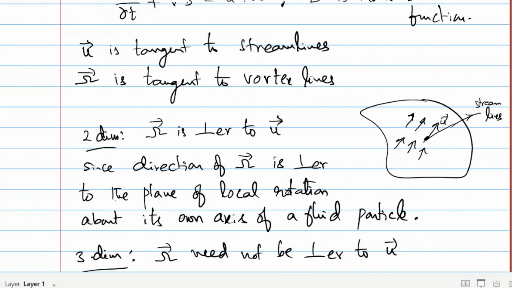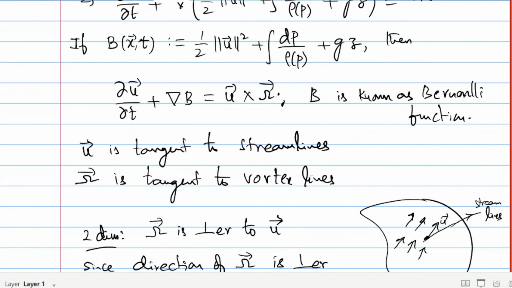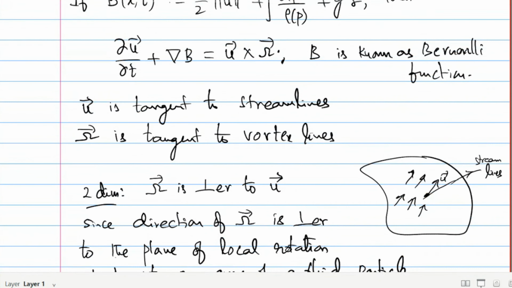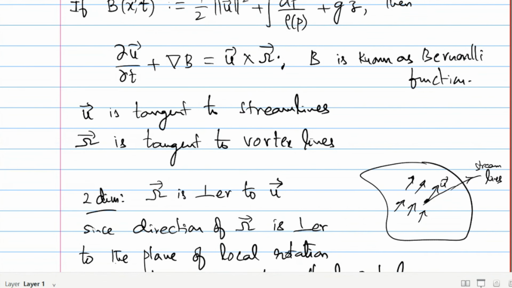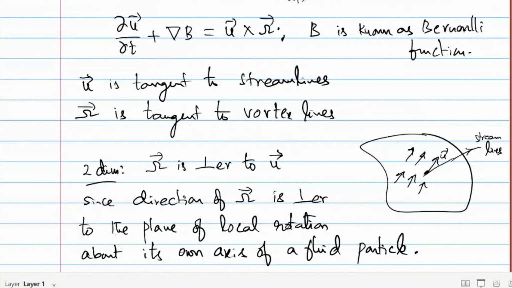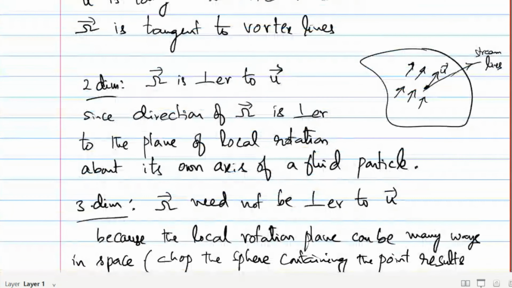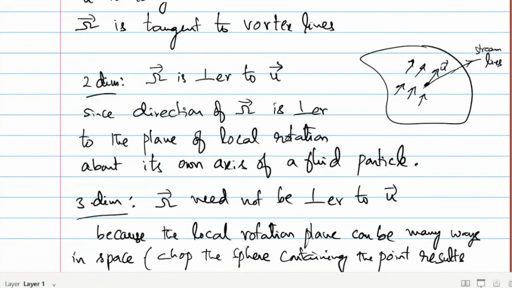Along the streamlines and vortex lines, this is your vorticity. U is tangent to the streamlines, and omega bar is tangent to the vortex lines. These vortex lines and streamlines need not be perpendicular. That's what we have shown in 3 dimensions. But in 2 dimensions, they should be perpendicular, right?